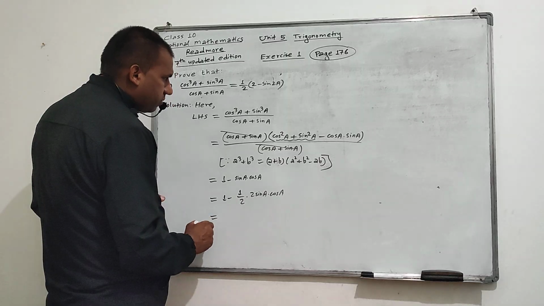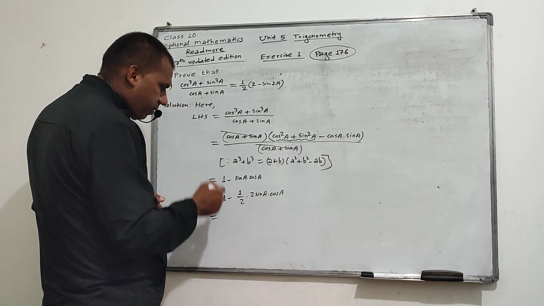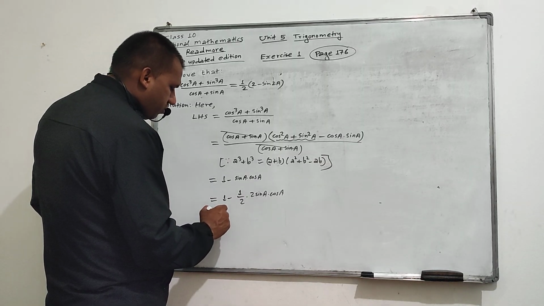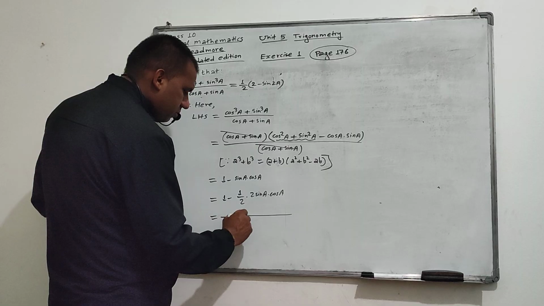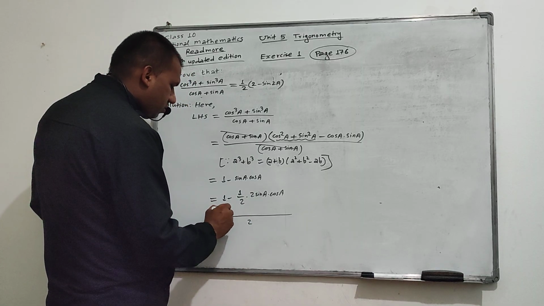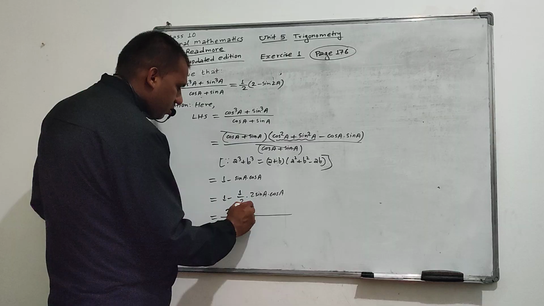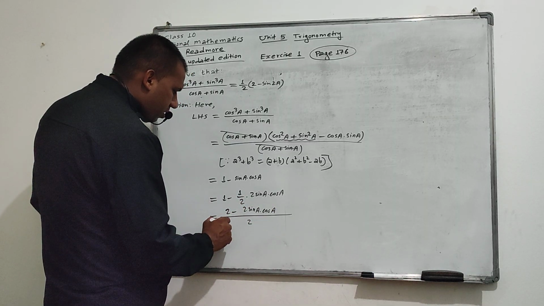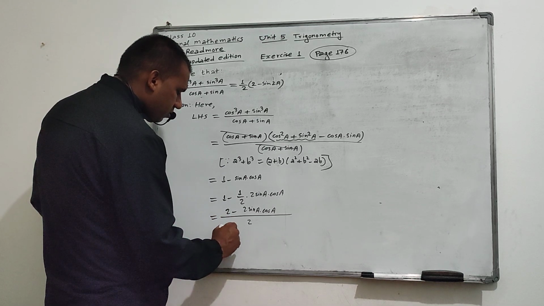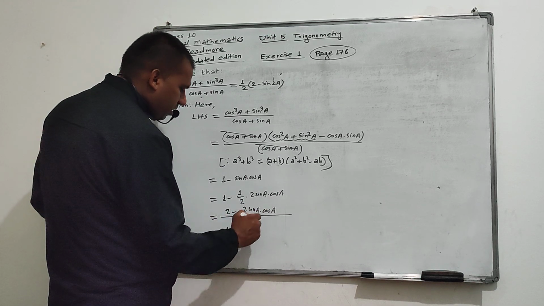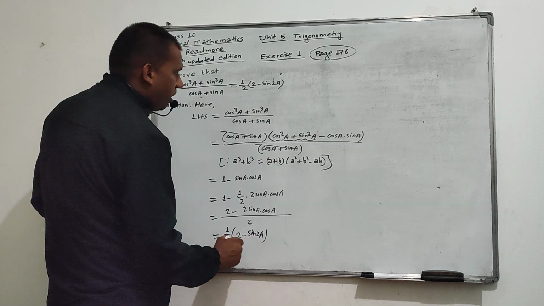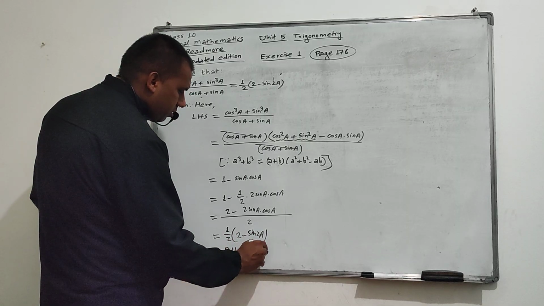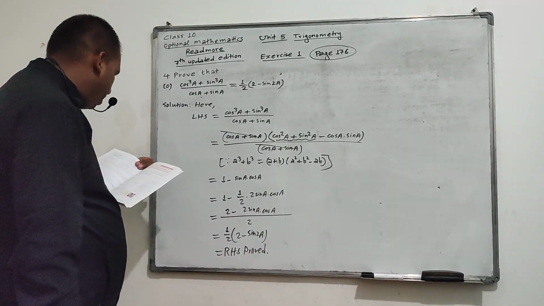Now taking LCM 2. Now 2 ones are 2 minus 2 sin A cos A. It becomes 1 by 2 times 2 minus 2 sin A cos A, that is sin 2A. This equal to RHS. Proved.